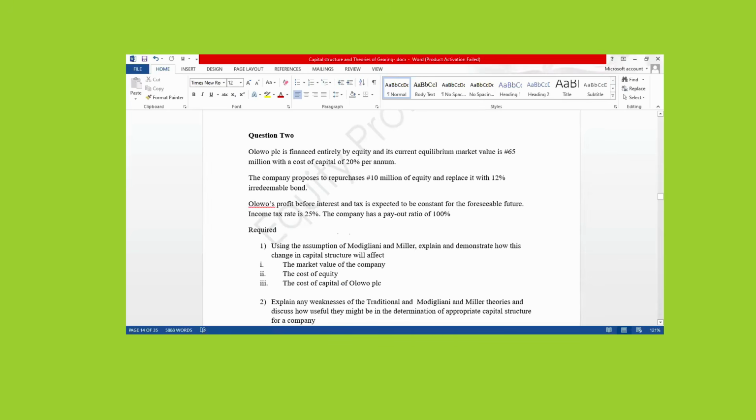To answer this question, you are going to adopt Modigliani and Miller with taxation. The formulas.